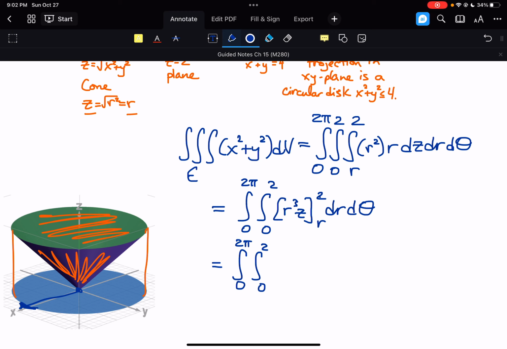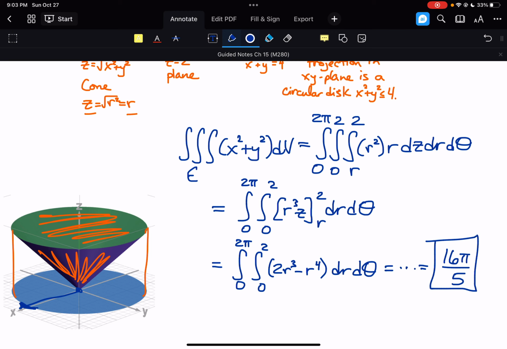So that's going to be 2r cubed minus r to the 4th, dr d theta. Same idea here. You can use the theta trick. You can solve. It's just a pretty straightforward polynomial. So we should get 16 pi over 5 for this one.